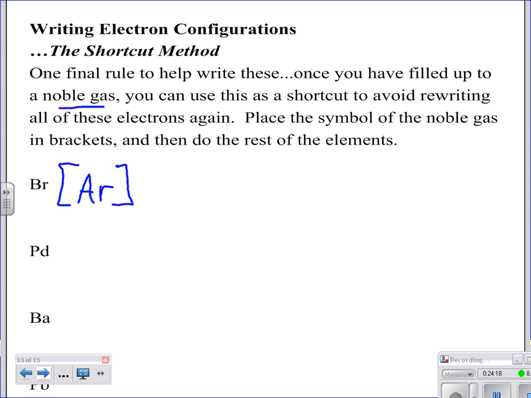We can just put argon in brackets, and then after that, we know it's potassium, but how would we write that? What would we start writing? 4s2, then 3d10, and then finally 4p5. Perfect. So there is our shortcut method.